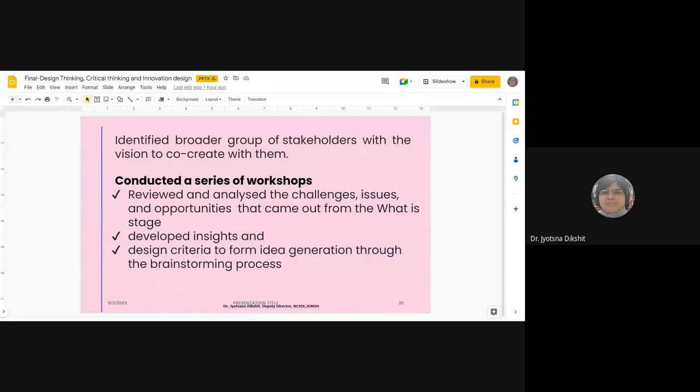For this, they thought that the stakeholders would help them in understanding the nature of the challenges and in participating in creating a new and better meal service. So they conducted a series of workshops. They reviewed and analyzed the challenges, issues, and opportunities that came out from the what is stage, developed insights and designed criteria to form idea generation through the brainstorming process.